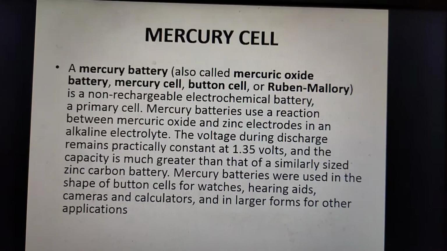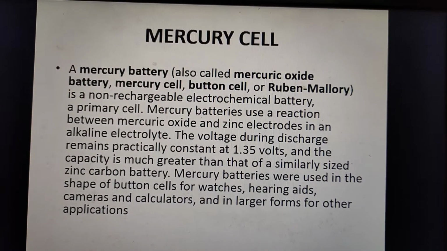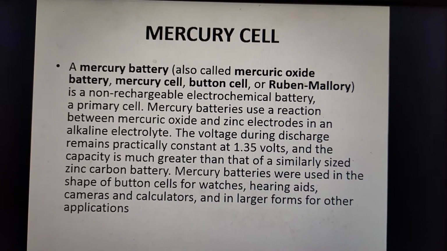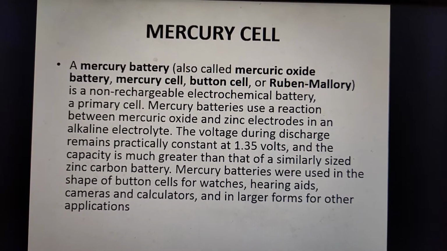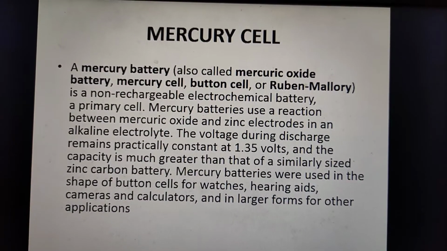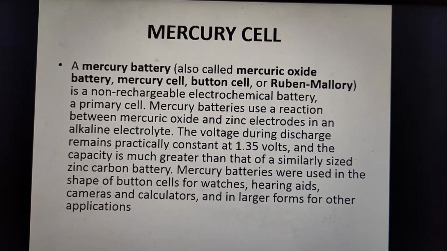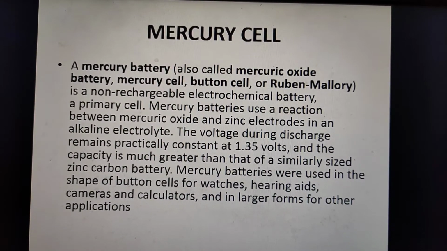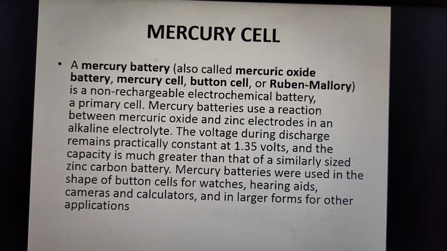Okay. Now the next type of primary cell is the mercury cell. A mercury cell, also called a button cell, is a non-rechargeable electrochemical battery, a primary cell. Mercury batteries use a reaction between mercuric oxide and zinc electrodes in an alkaline electrolyte.